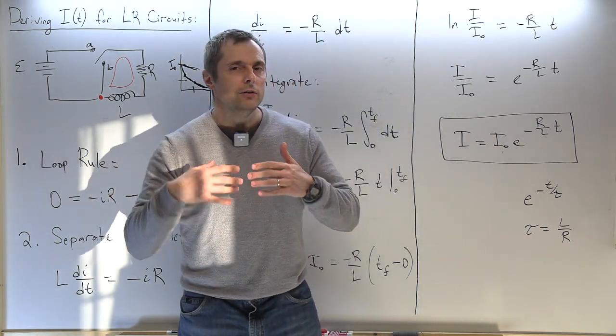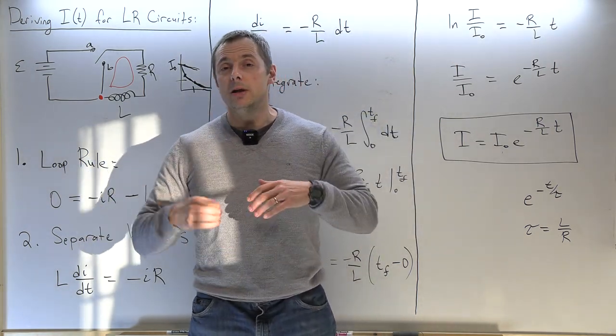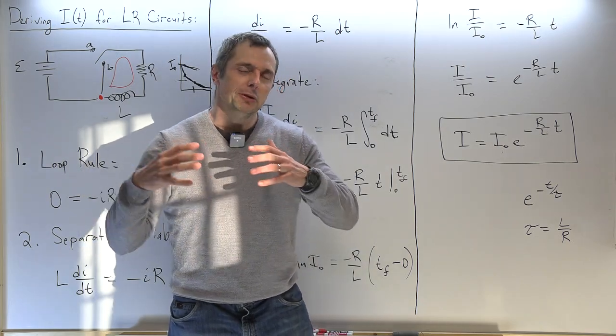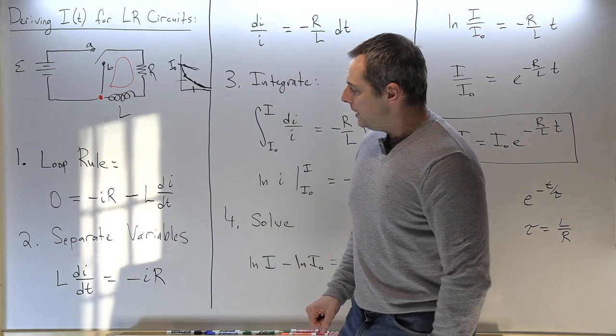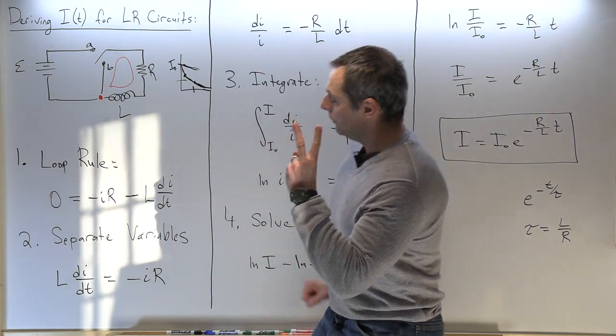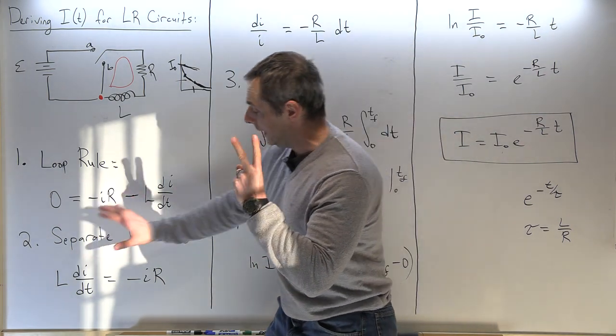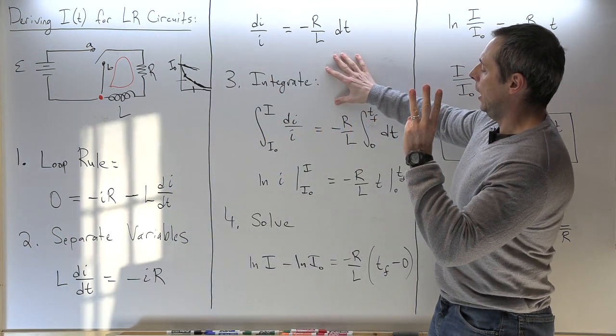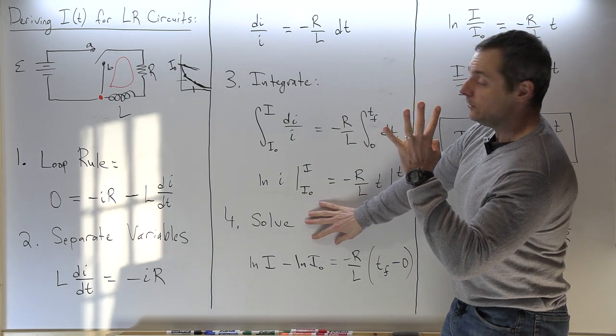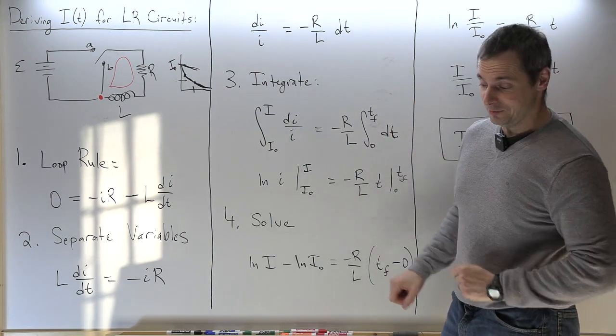And then once you can do that, just boom, boom, boom out of your memory, it's pretty likely that you'll be able to make these solutions on your own. Use the loop rule to make the differential equation. Separate the variables, means all the i's on one term, all the times on the other. Integrate both sides, and then solve for the current, the 4 steps.